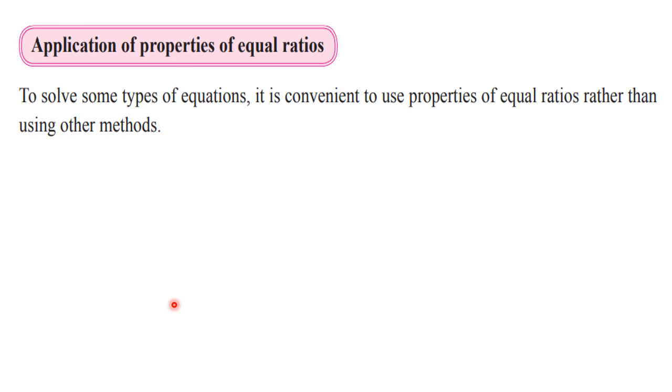We cannot solve them easily by any other method, because they have higher powers, like power 2 or power 3, and opening those brackets and solving is not possible. So for some types of equations which are different, we have to use these.